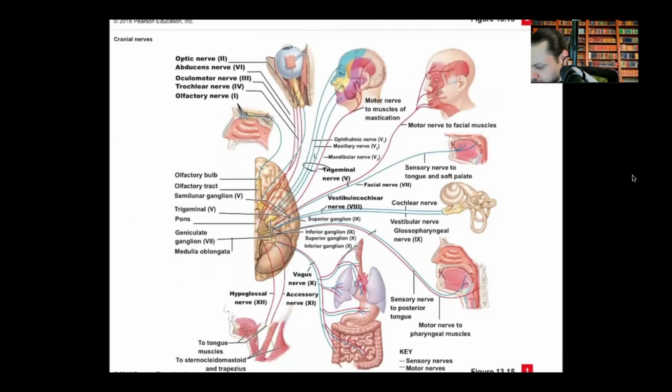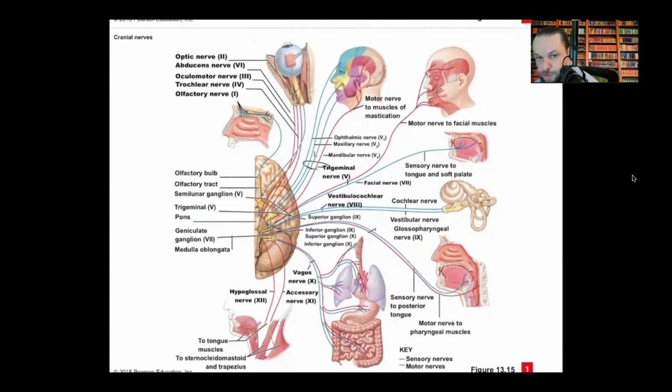These are the cranial nerves that originate from your brain. I didn't see any extensive questions on this, but for the cranial nerves, you want to be familiar with just the basic functions.